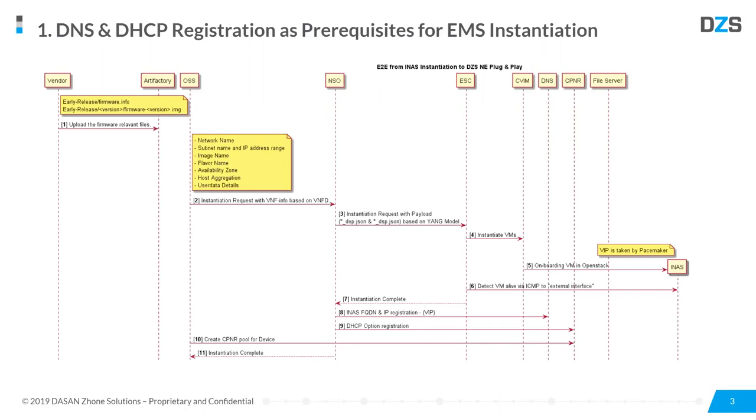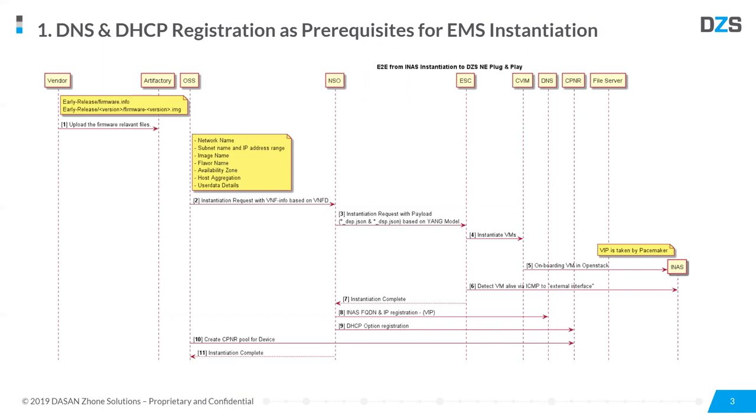And after the INAS is instantiated, the connectivity is checked by the ICMP ping from the ESC. So when the INAS is instantiated successfully, ESC will check the ICMP ping. Then if it's reachable, the ESC notifies that the instantiation is completed.